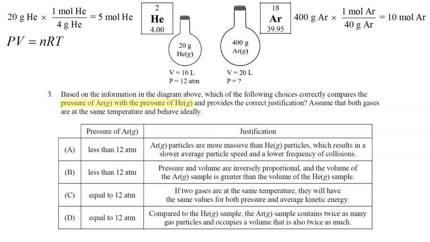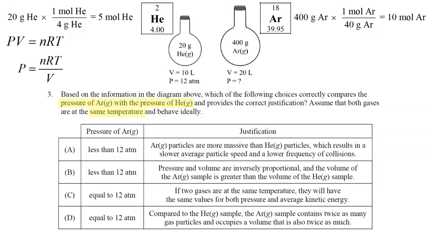Here is the ideal gas law, so PV equals nRT. And since I'm trying to compare the pressure of argon with the pressure of helium, let me go ahead and set up an expression using the ideal gas law to calculate pressure. So rearranging the ideal gas law to solve for pressure, that would be P equals nRT over V. Now the number of moles of helium, I just calculated that, that's 5 moles.